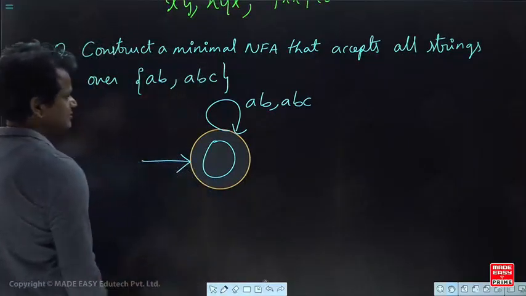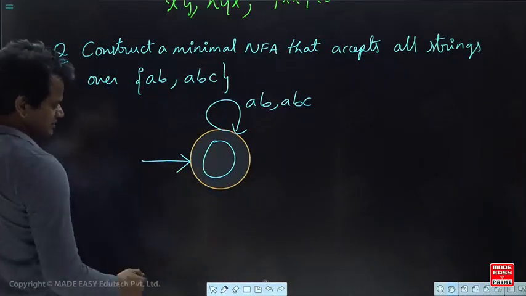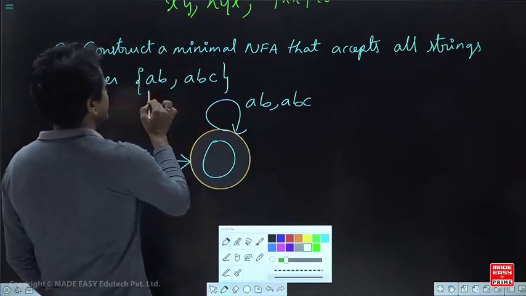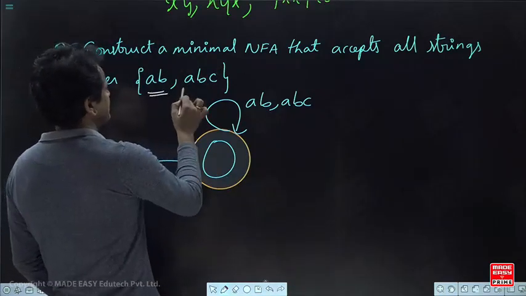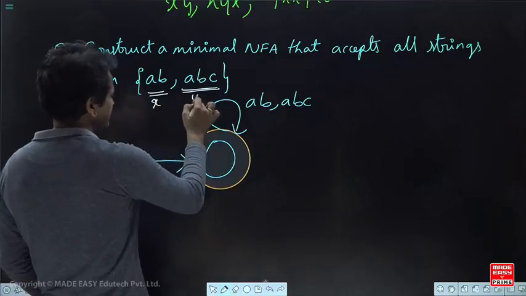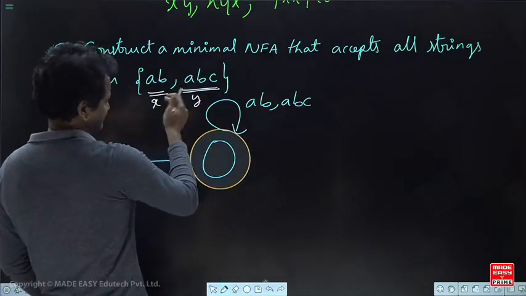Okay guys, now look at this. If this is the machine, what is the meaning of this? Any combination of AB and ABC. x is AB and y is ABC.